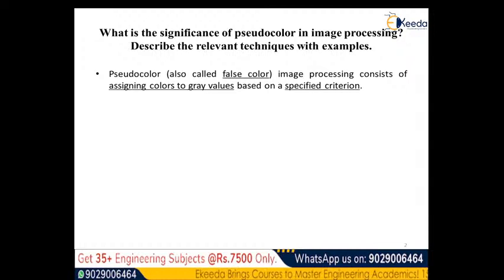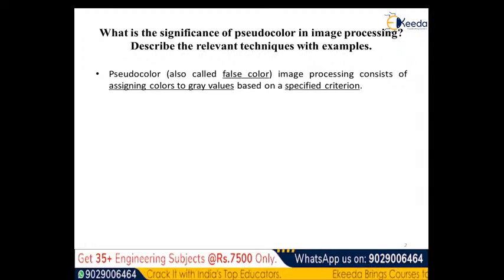By having such pseudo coloring of the image information, there is an assignment of colors, various types of colors, to the gray values based on a specific criterion. We are used to dealing with or working with many grayscale images in n-bit environments. For example, in 8-bit environments, we have 2 to the power 8, that means a total of 256 shades.